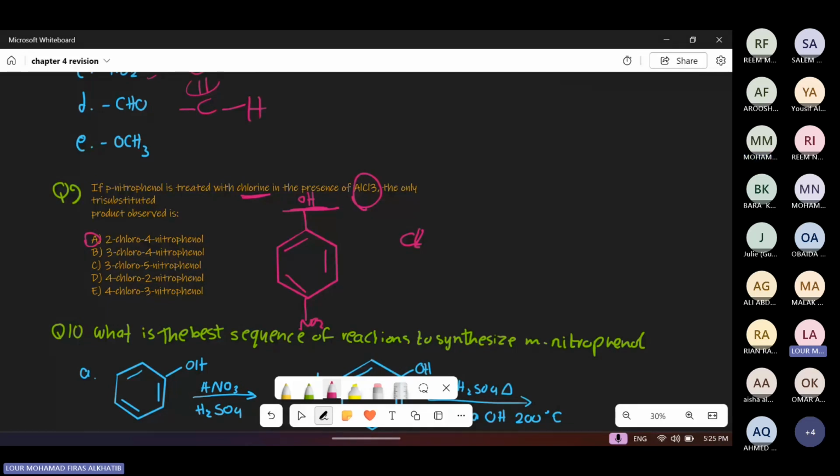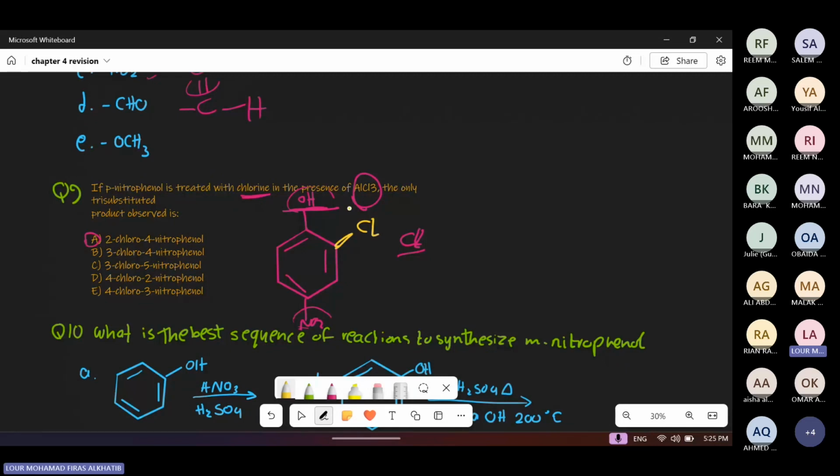Bravo, most reactive, ortho-para. So we want to put it at the para position, but what is there? We have the nitro sitting there. So what is the only option, talking about the phenol? The only option is ortho. Go to ortho.